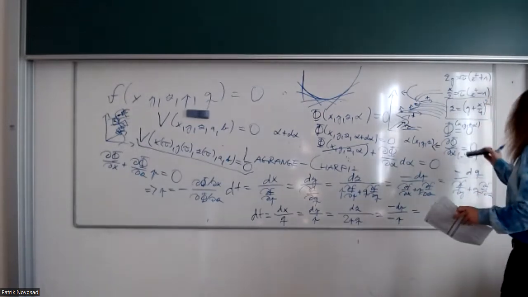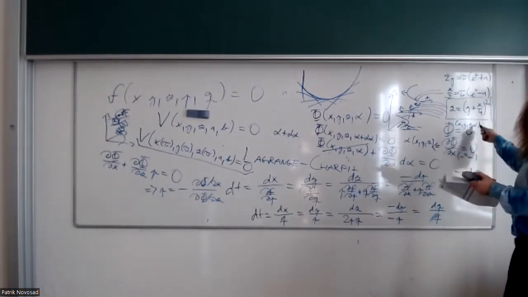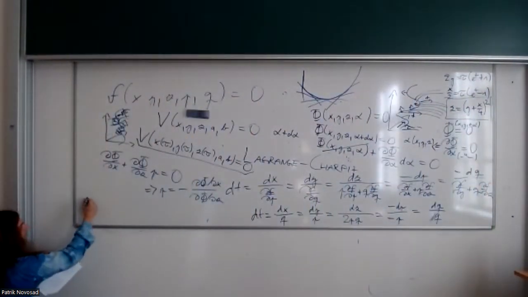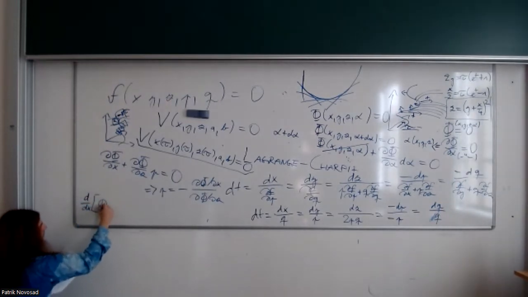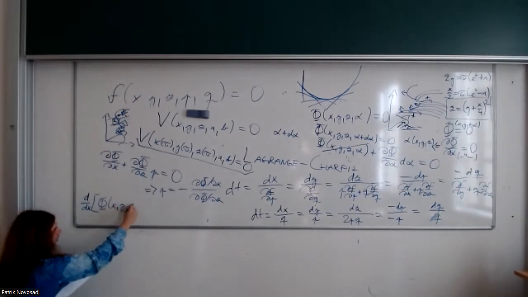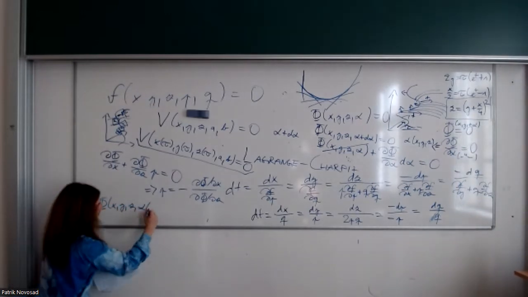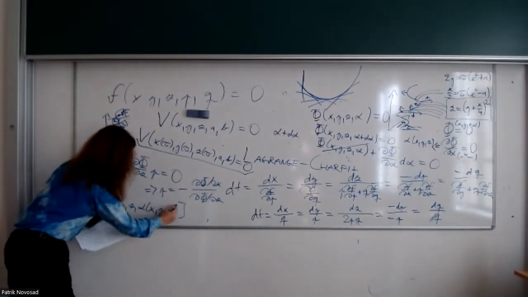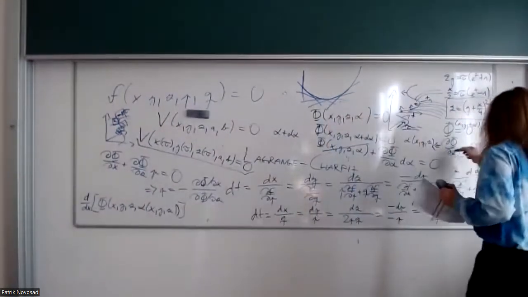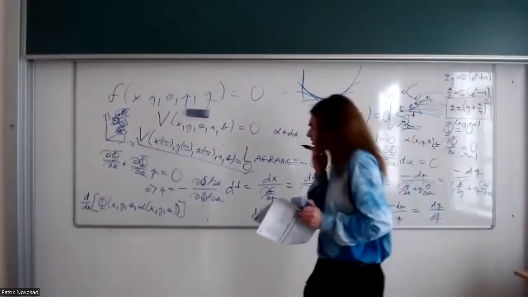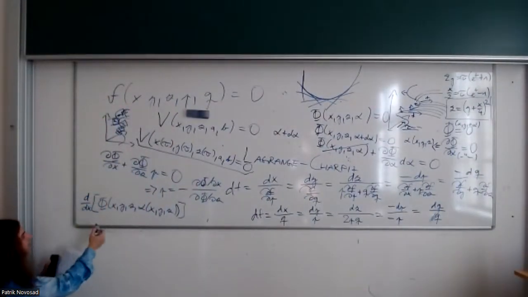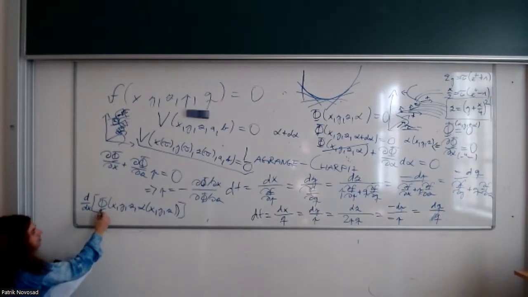So in here, I would have the phi, but the alpha would still be a function of x, y, and z. So here it would in fact be d dx of that phi, but that would be a function of x, y, and z, and alpha that would itself be a function of x, y, and z, because we have expressed it using this equation and plugged it back. So doing the derivative here will be a little bit more complicated, but not very much.